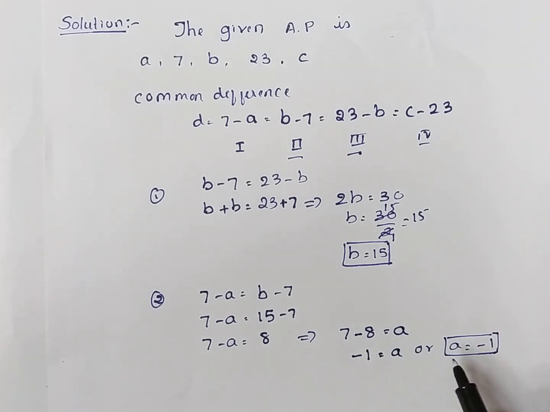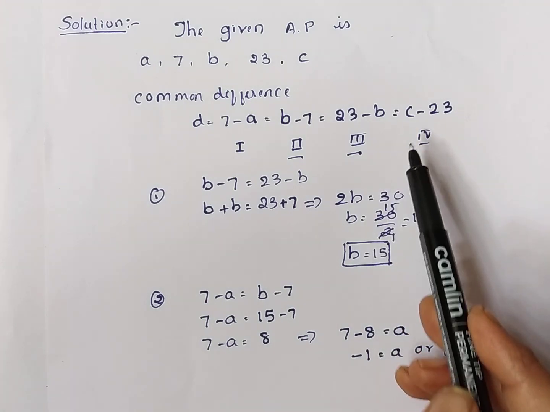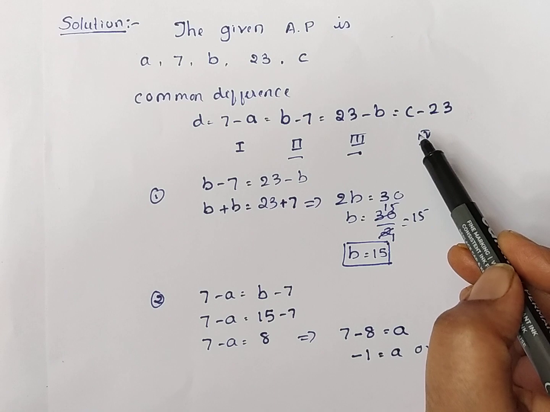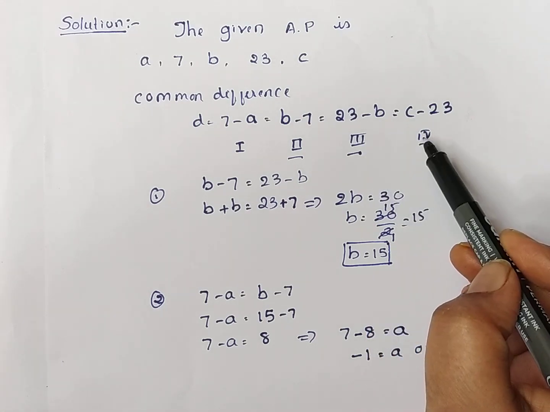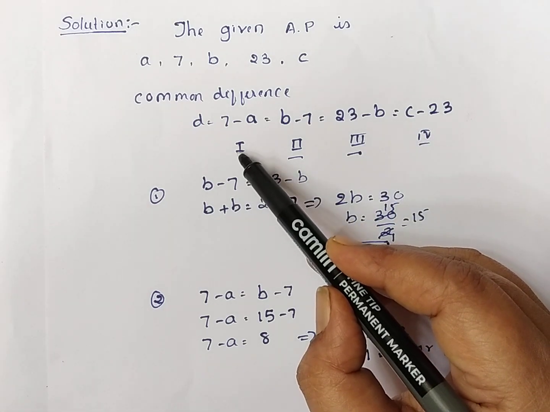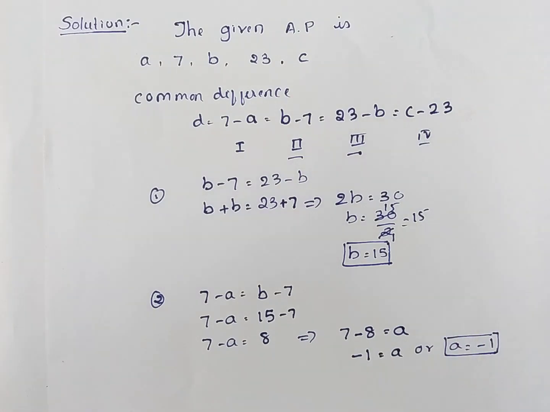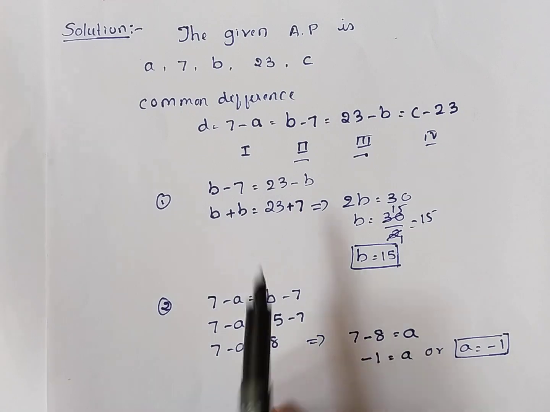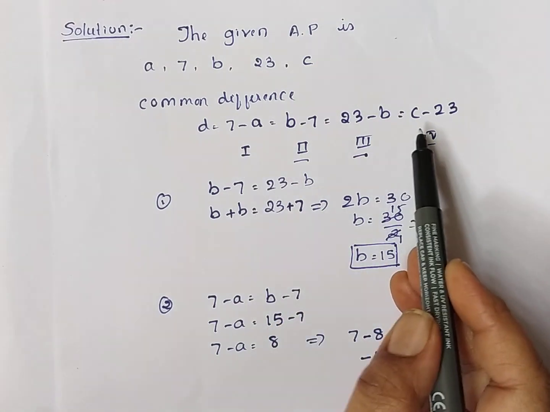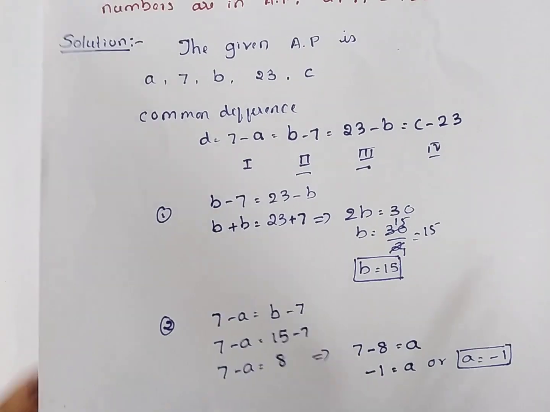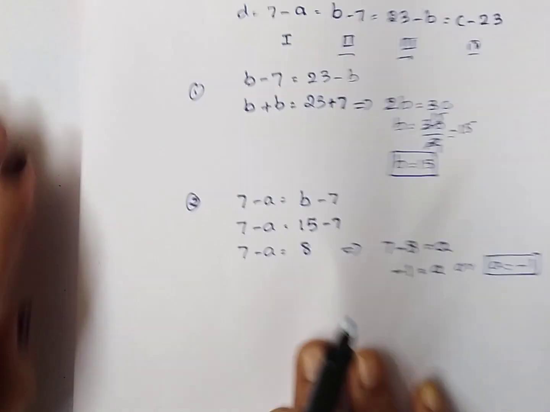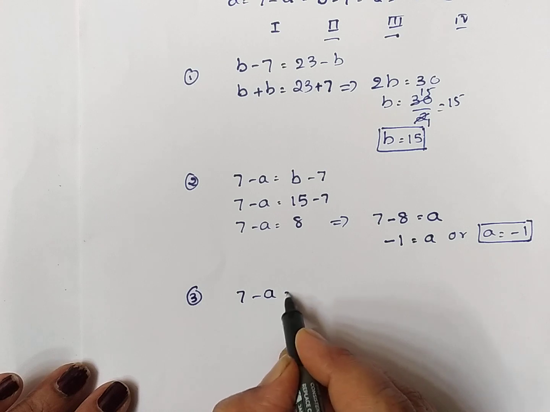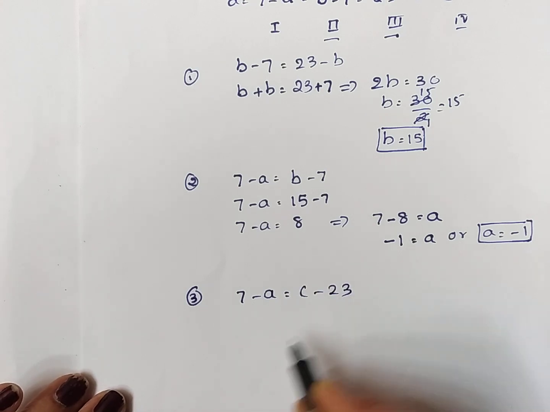Now we have the values of A and B, and now C. C is in the fourth term. So we will equate the first difference and the fourth, because we know A and B. That is 7 minus A equals C minus 23.